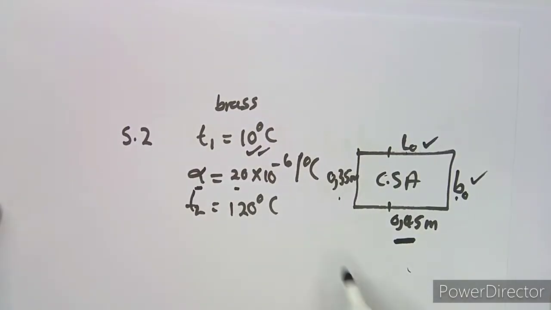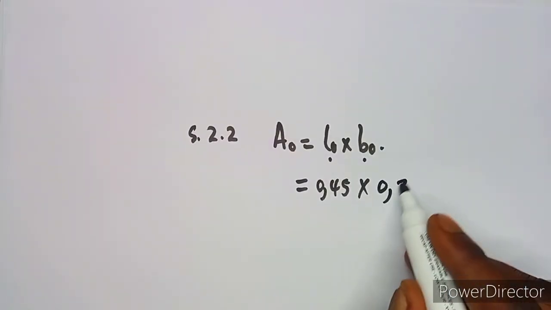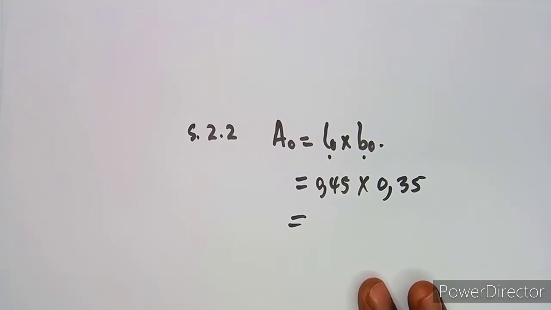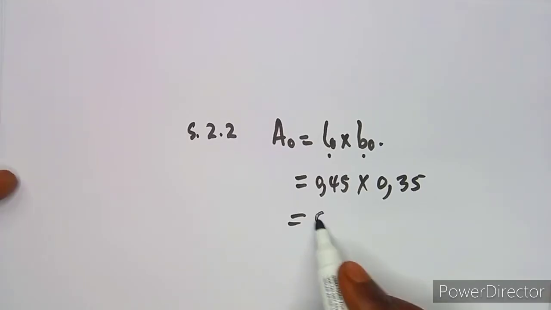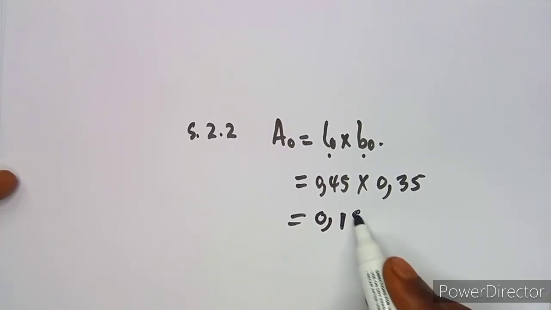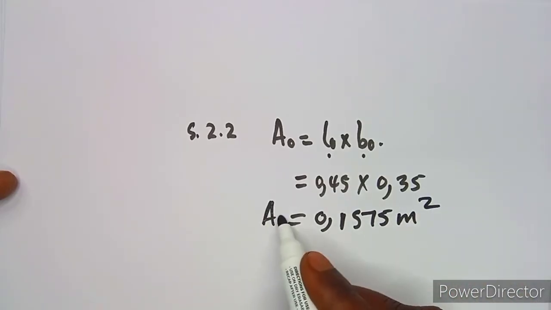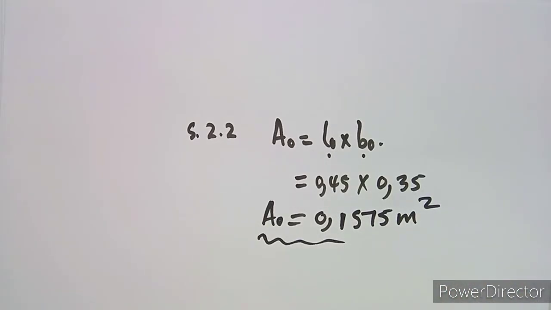You're going to obtain the original area from this part. If you multiply this properly, you're going to obtain an area of 0.1575 square meters. So this is the original area, not the increase.